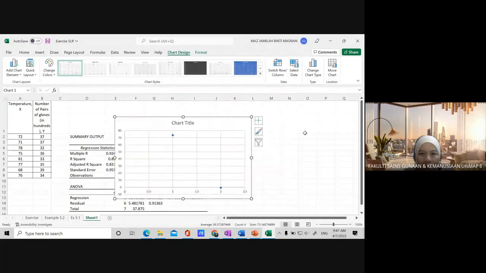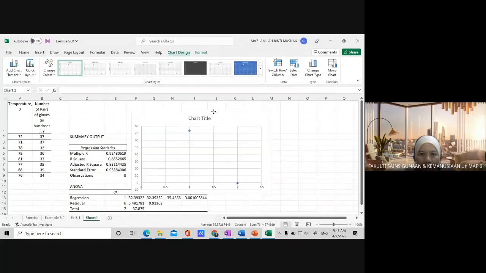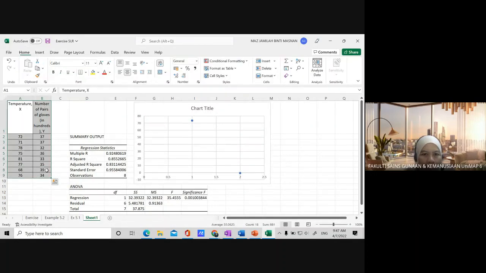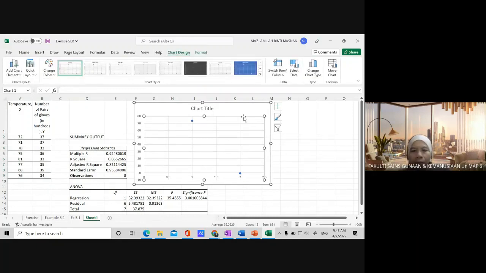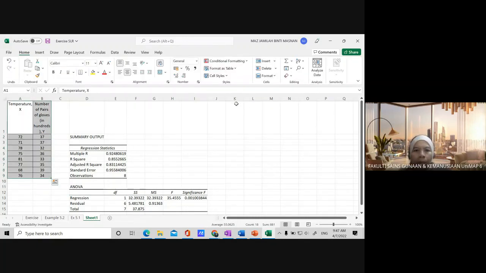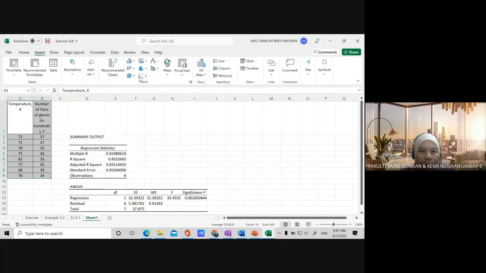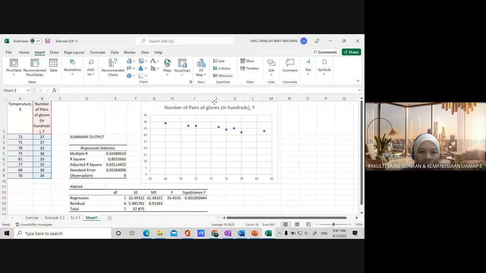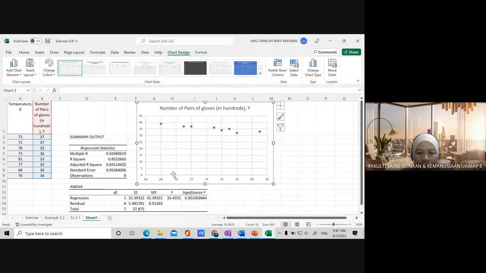Since I did not include my data, let's do it again. Highlight your data, go to insert, go to scatter plot, and then you can modify it, add the X name, Y name, the axis name.